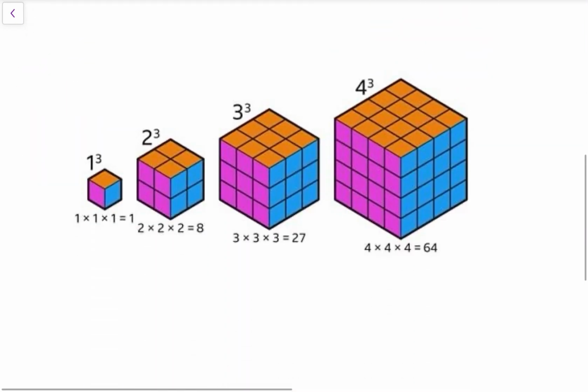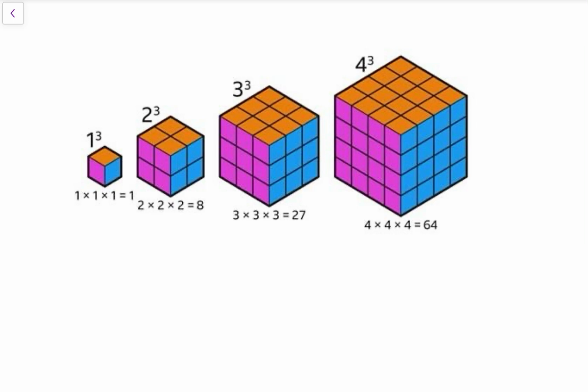So like this, the number of cubes here is 4 cube, so n is equal to 4. Here we have 64 cubes, right? See, 1, 2, 3, 4, 5, 6, 7, 8, 9, 10, 11, 12, 13, 14, 15, 16.